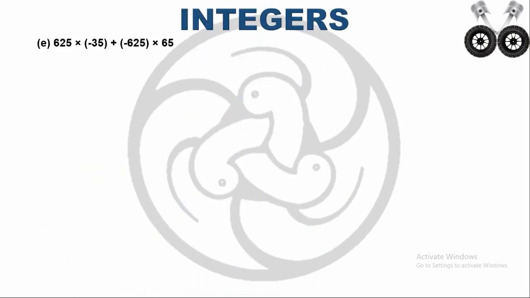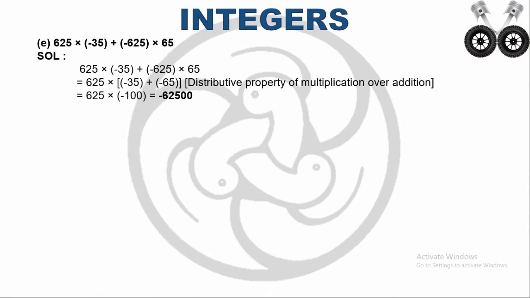Next one is E, 625 into minus 35 plus minus 625 into 65. Again 625 is distributed to 35 as well as to 65. Here first we have the positive 625, here we have the negative 625.